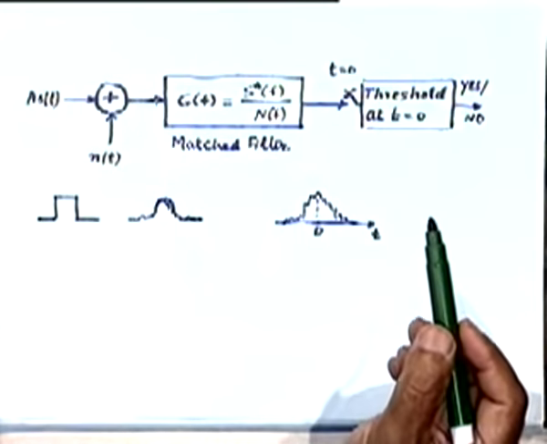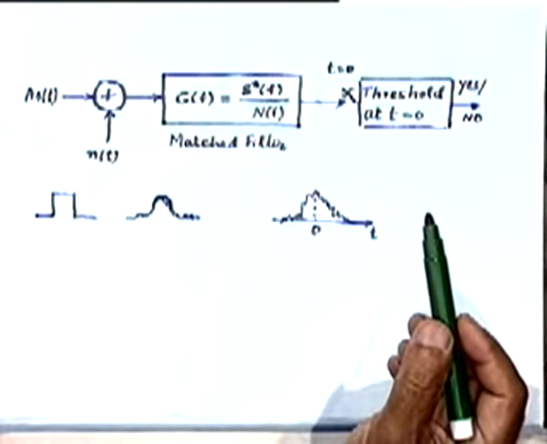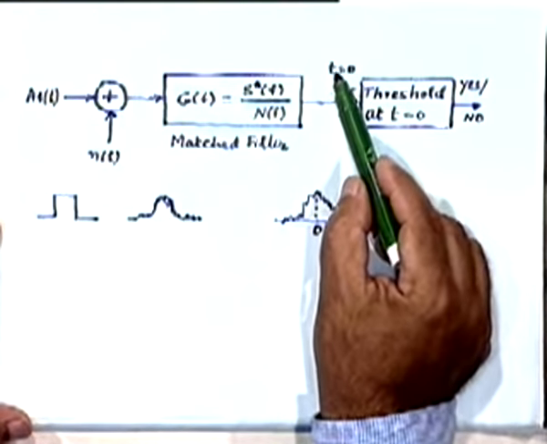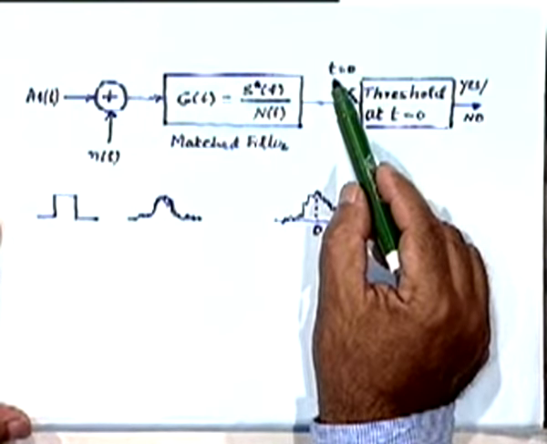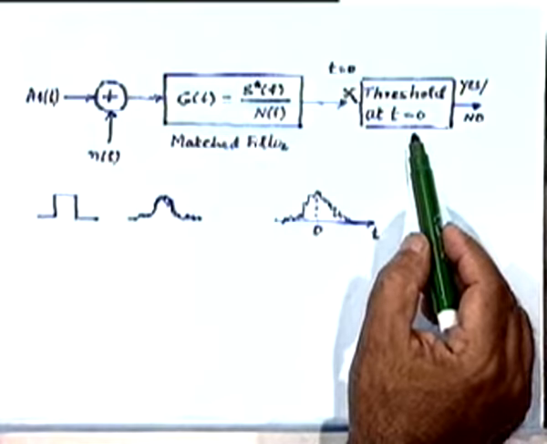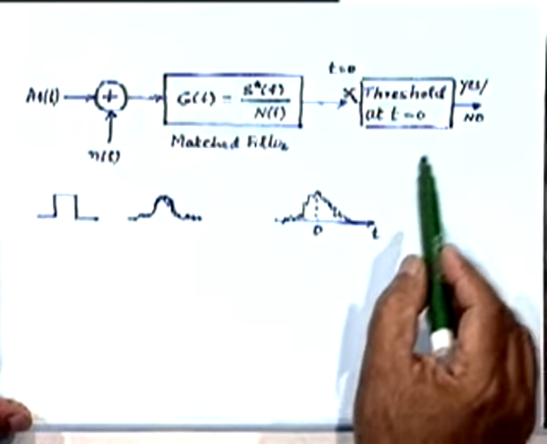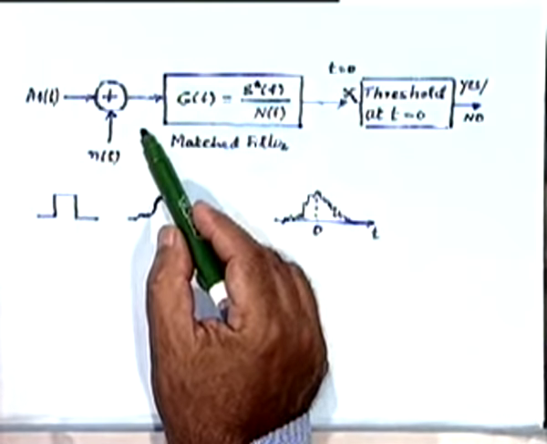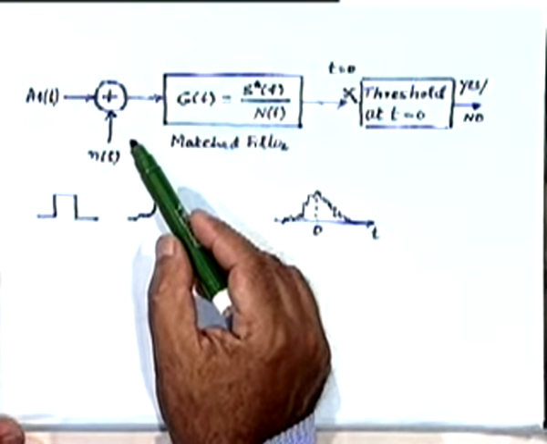The scaling factor will affect the signal and the noise in the same way, so we will not bother about it. We will sample the output of this at whatever sampling instant we need, t equal to 0 or t equal to t sub 0, right, and threshold it, that is compare it with the threshold value, and then decide whether the pulse was indeed present or whether the input signal contains only noise.